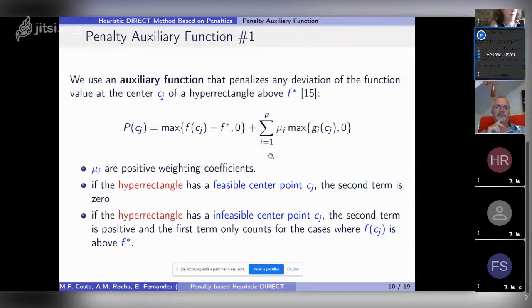If the hyperrectangle has an infeasible center point C, this second term here is positive. And this term here only counts for the case where the function value at the center C of a hyperrectangle is above the optimum value.